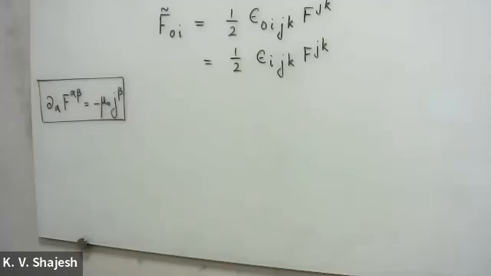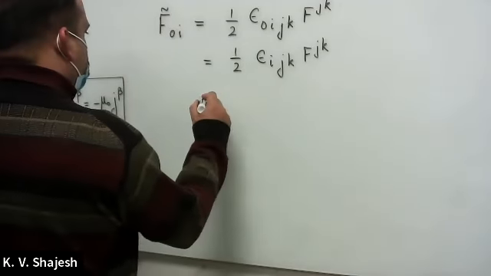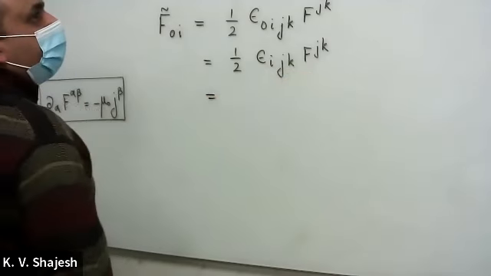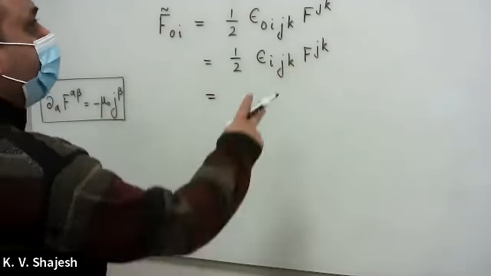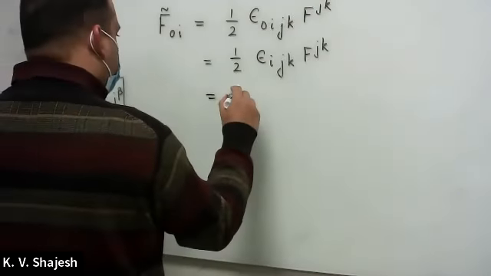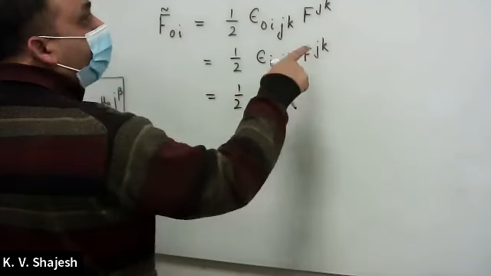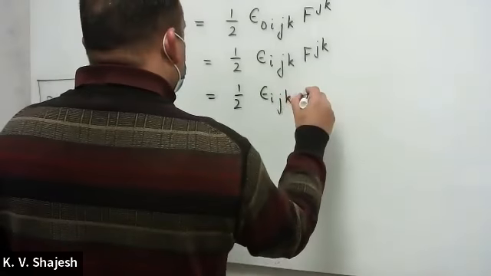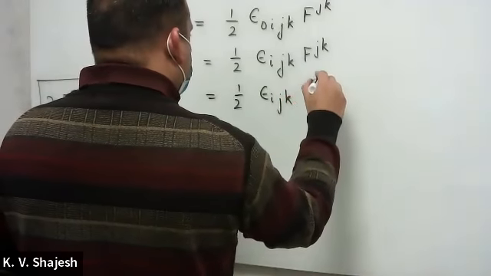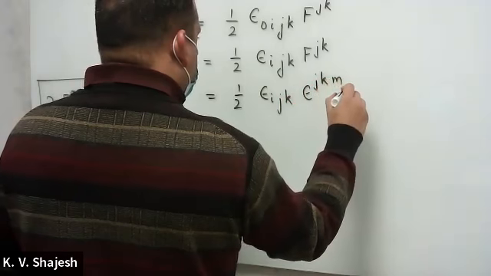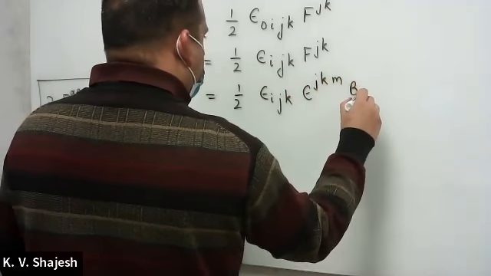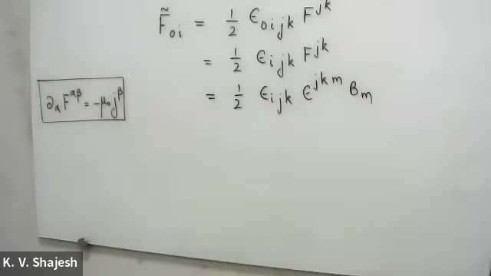And that is equal to epsilon ijk, and F jk is epsilon jk m, and now I put B m.